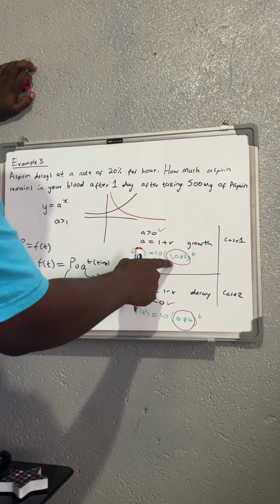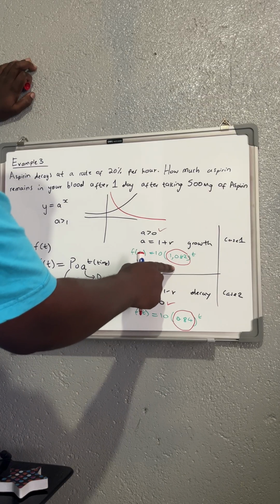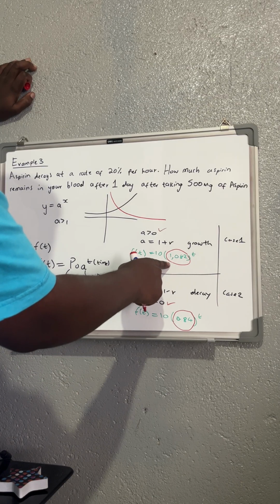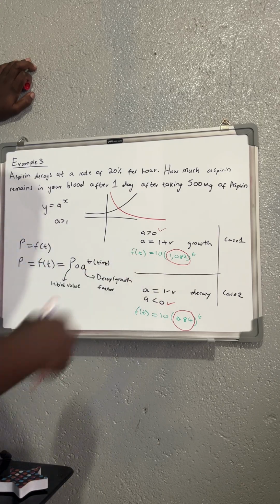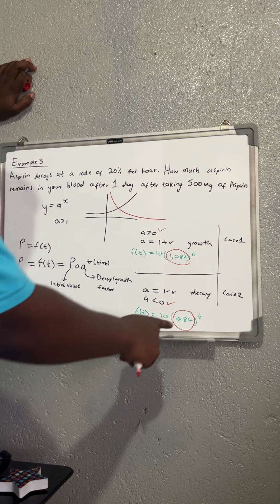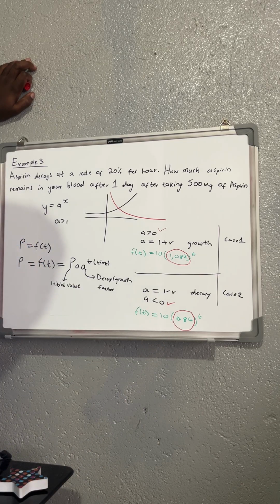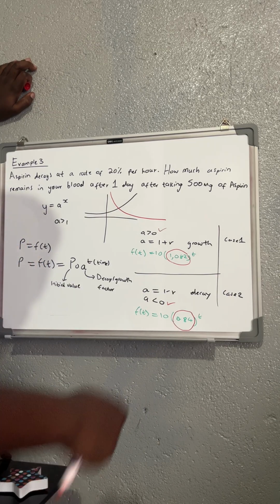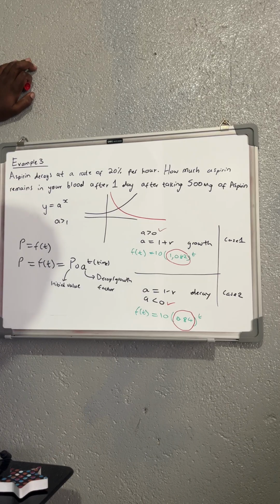If you see that your value of a is greater than 1, this means it's exponential growth. But if you see that within your function a is less than 1, that means it's exponential decay.